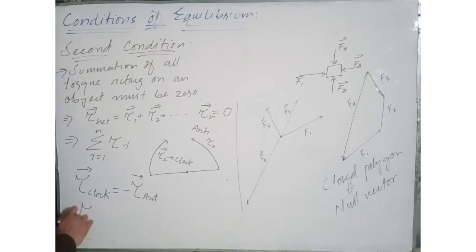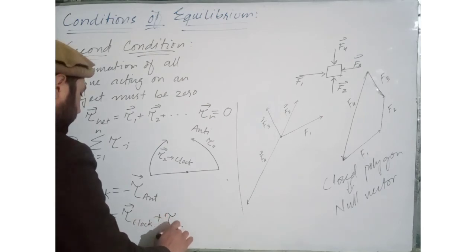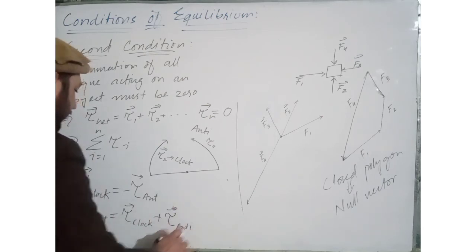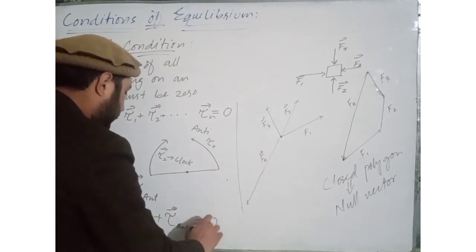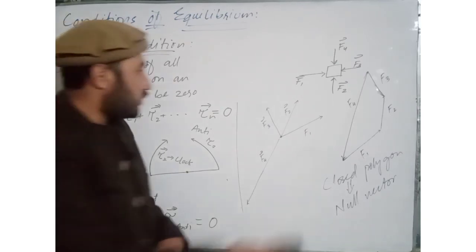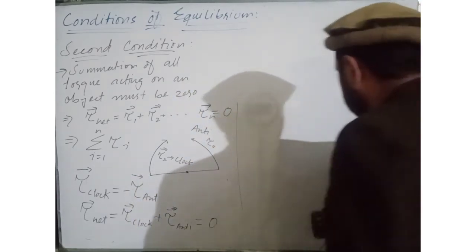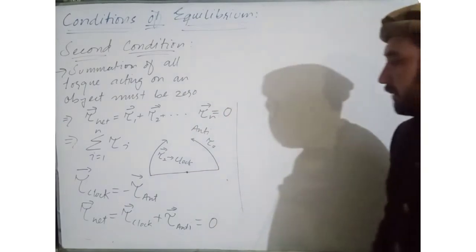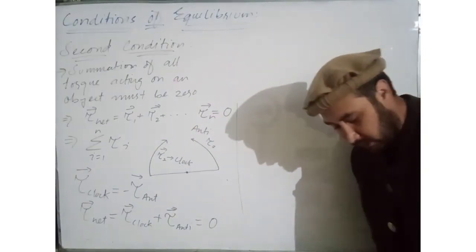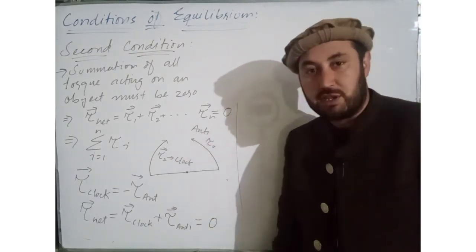So the net torque is the sum of torque clockwise and torque anti-clockwise, and when such a summation is zero, the object will be in rotational equilibrium. Then its angular acceleration will be zero, but it may or may not have some constant angular velocity. That again depends on whether the object was initially rotating or not, right?